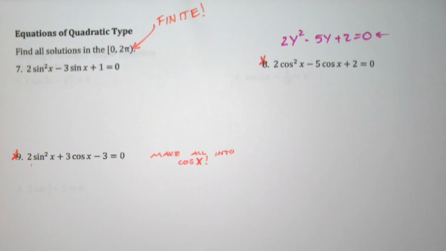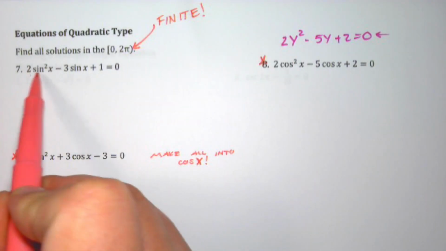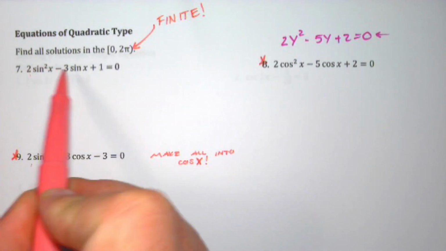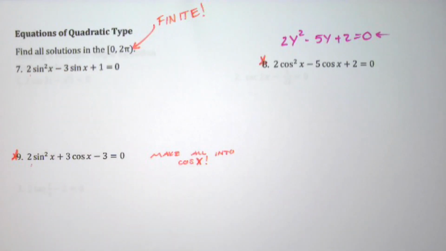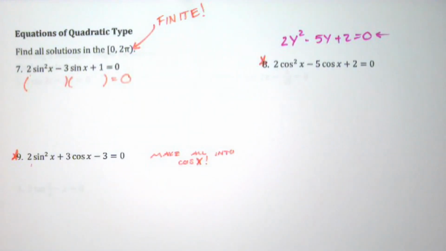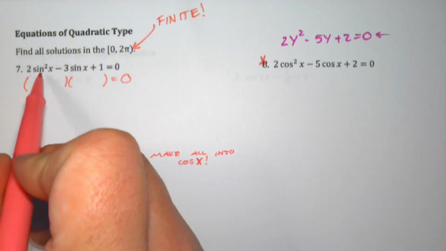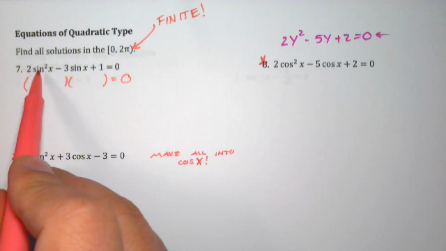Number 7, again, if we treated it like something quadratic, we could say 2 times some value squared minus 3 times that value plus 1 is 0. And what would we do? We would factor that. Now, it's not going to be just an x or just a y. It's going to be a sine. So it would have been 2 times y squared.